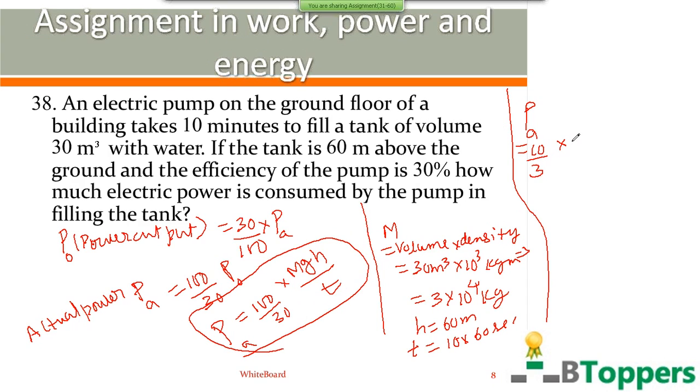So actual power is 100 by 30, that is 10 by 3 into mgh. m is equal to 3 into 10 power 4 kg. Let's take g as 10 meter per second square. And h is equal to 60 meters. The time T is 600 seconds. This you can simplify further.